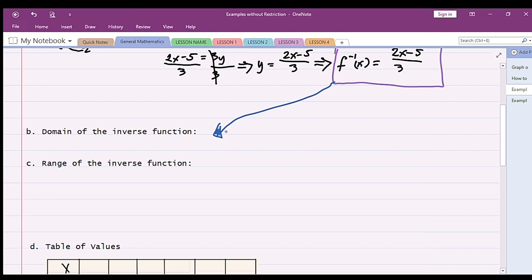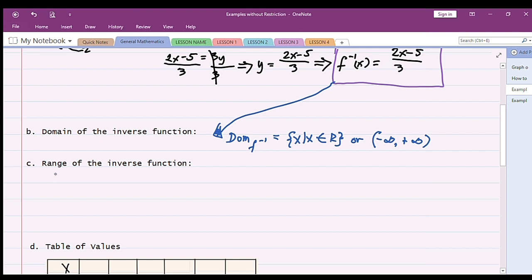For the domain, the domain of the inverse is the set of all possible values of x such that x is an element of the real numbers, or we can say these are the set of negative infinity through positive infinity. That will be the domain of the inverse of a function.